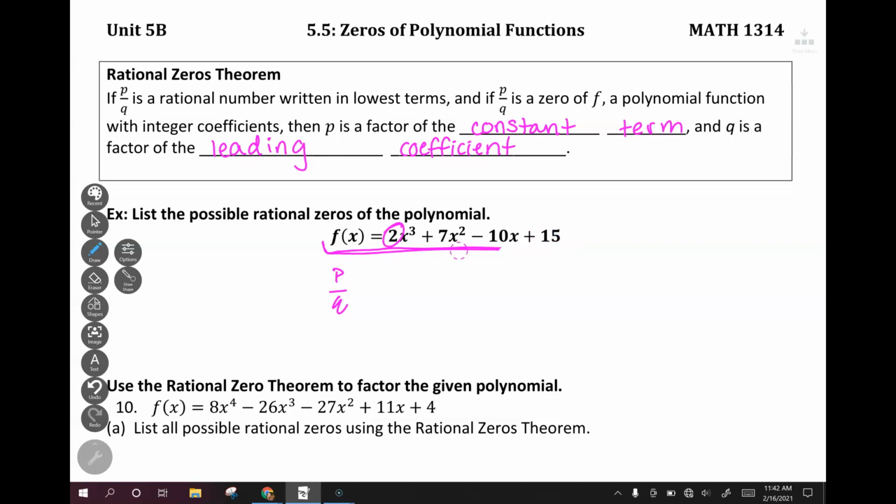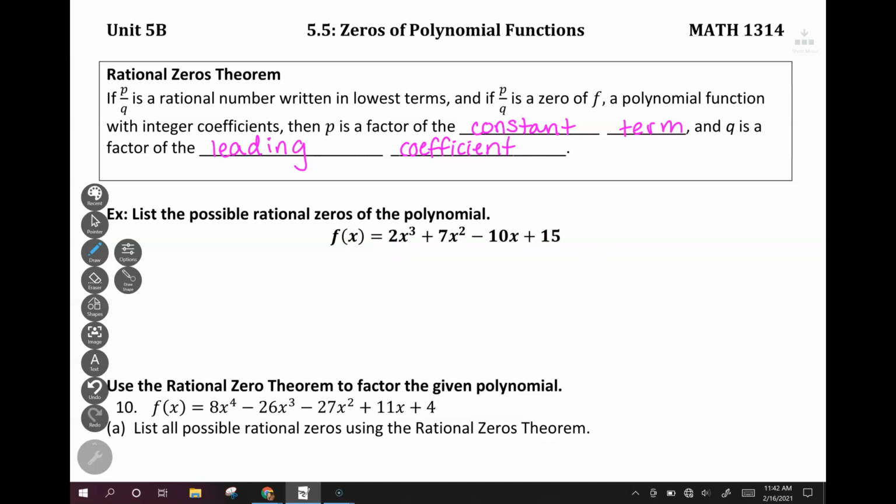In order for a number to be a rational 0 of this polynomial, it has to have a numerator that's a factor of 15 and a denominator that is a factor of 2. Okay, so let's run through that with this example.